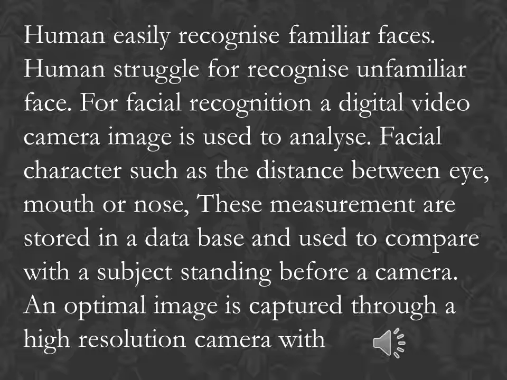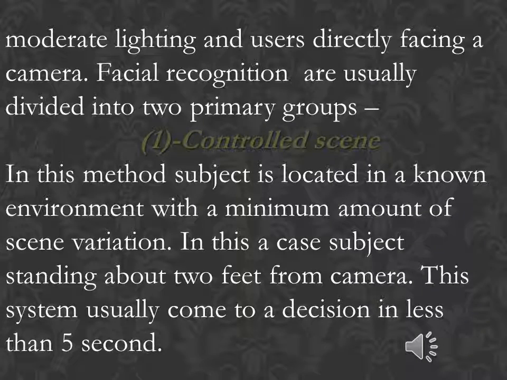These measurements are stored in a database and used to compare with a subject standing before a camera. An optimal image is captured through a high-resolution camera, with moderate lighting and users directly facing the camera.